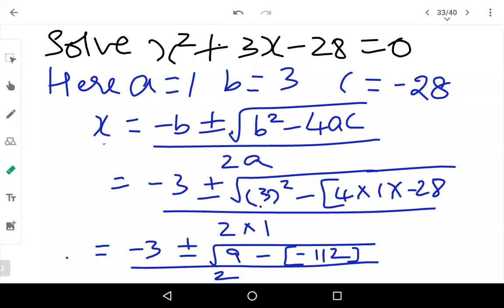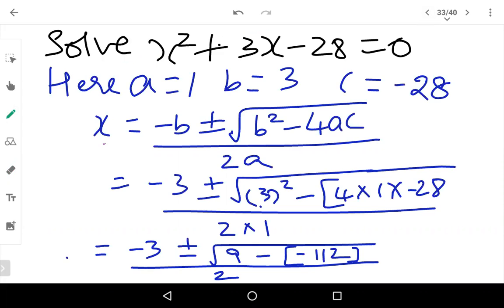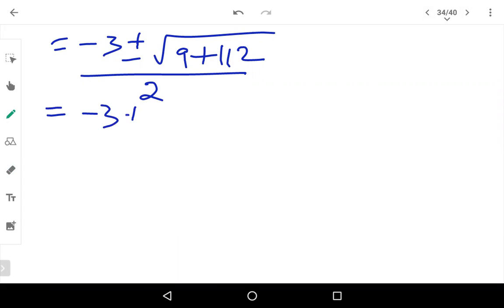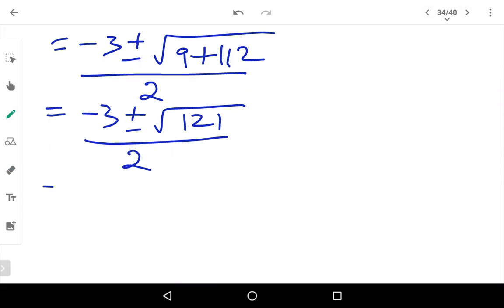Okay, so next step is minus 3 plus or minus square root of 9 plus 112, divided by 2, is equal to minus 3 plus or minus square root of 121, by 2. So square root of 121 is 11. So minus 3 plus or minus 11 by 2.